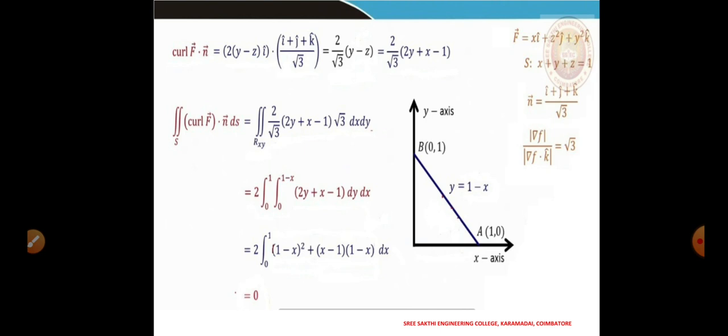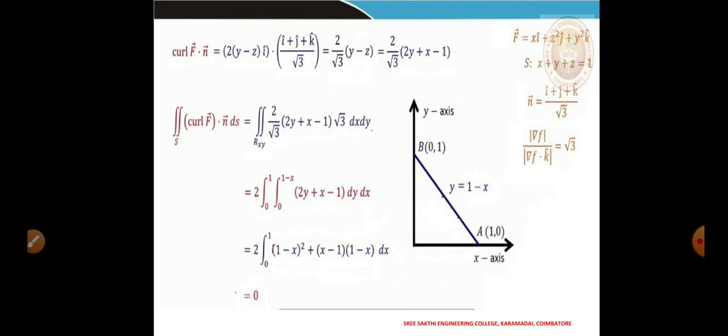Then we need to find the limits of x and y. The limit of x is from 0 to 1, and y goes from 0 to 1 minus x, which is the equation of the line x plus y equal to 1 after the projection.